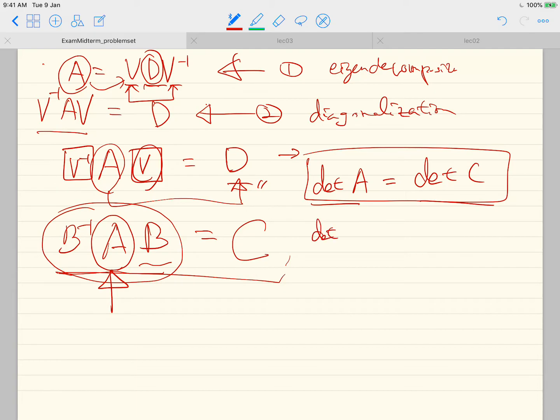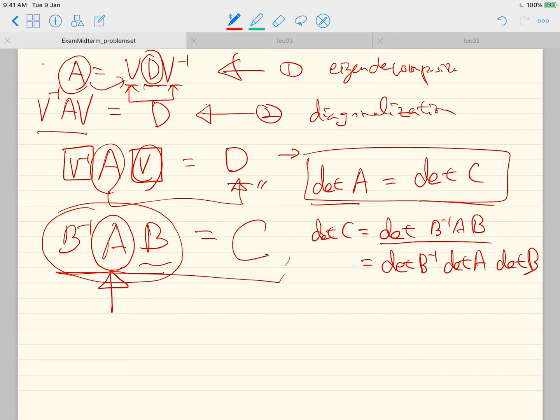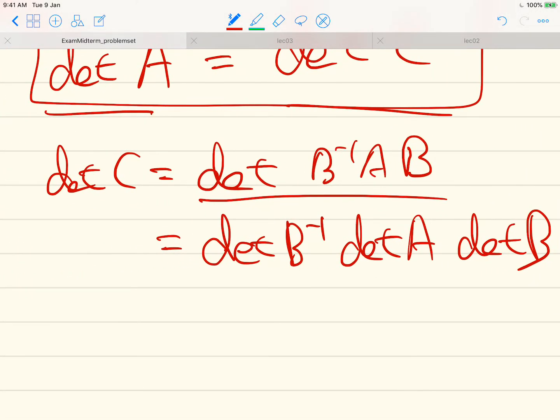The determinant of C is represented as the determinant of B inverse A B, right? And then we know that the determinant of the product of matrices is the product of the determinants of the individual matrices.